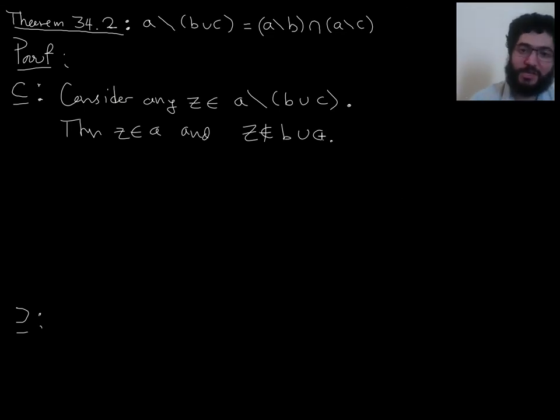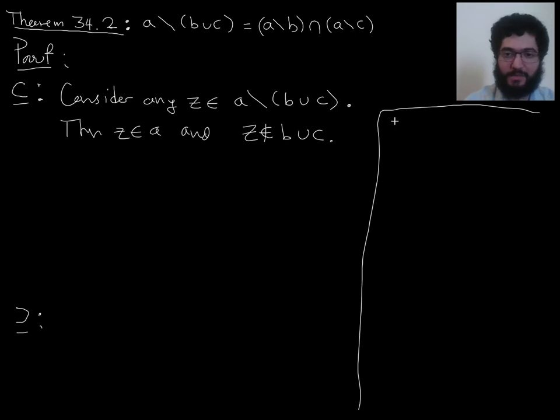Now, this is interesting. How do I break down z is not in B union C? I know how to break down z is in B union C, so how do I break down not in? Well, okay, now let's put down a scratch work zone. So z not in B union C, that's the same as saying it's not the case that z is in B union C, right?